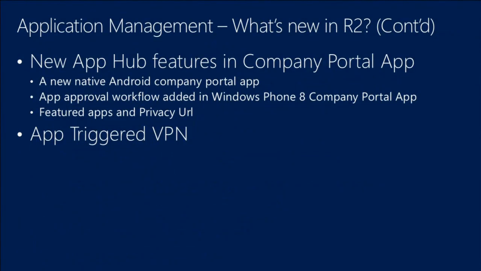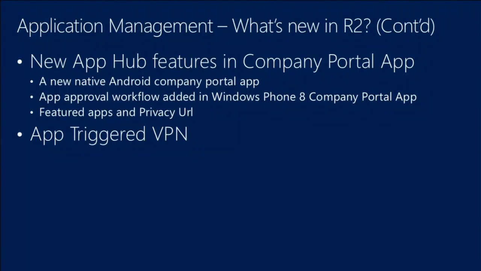And lastly, I believe, we've got new experiences on the client side. So native applications for Android, the iOS one too. You don't quite see it there. But the other thing is we've integrated approval workflow as well for Windows Phone. And then at the very bottom is a really neat new feature, the ability to trigger a VPN connection for a given application.